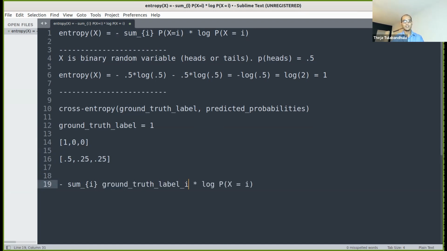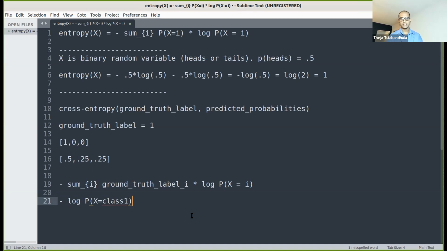You can see that the ith location is 1 only for the first coordinate and 0 for the other two, so the sum actually just vanishes. Cross entropy just becomes minus the ground truth label, which for the first location is 1, times the log of the probability of X equal to class 1.